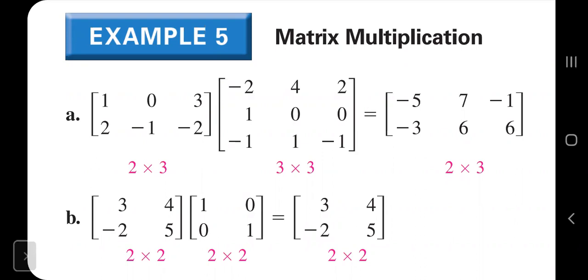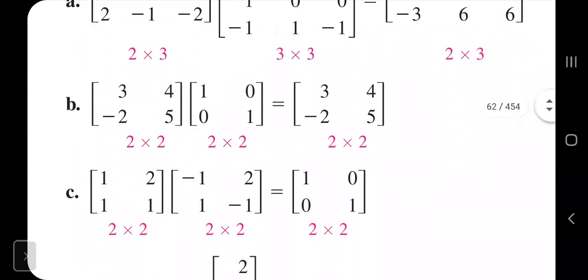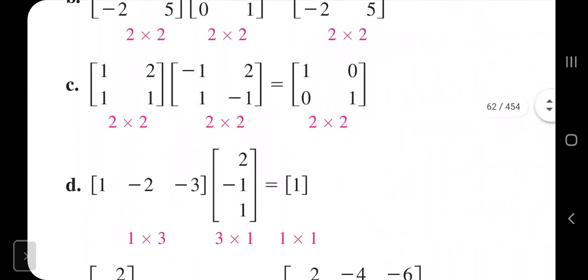That's what's called the identity matrix for multiplication. If you take any 2x2 matrix and multiply it by 1, 0, 0, 1, the way we have in this problem, you're always going to get the same matrix. We'll get into the identity matrix, but not just now.